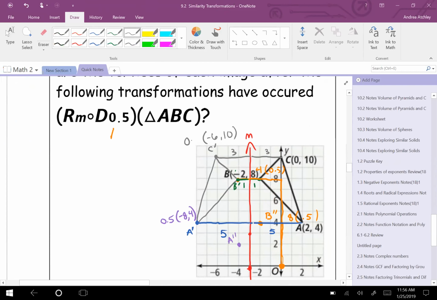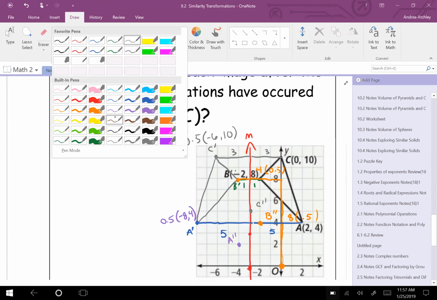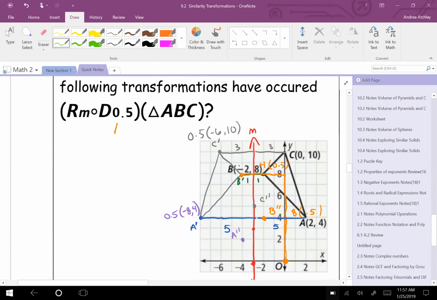I multiply that by 0.5, and I should get -3 and 5, right? So that's C double prime. And this should be my new triangle. Does that look half as big? Yeah, it does. Any questions on how we did that?